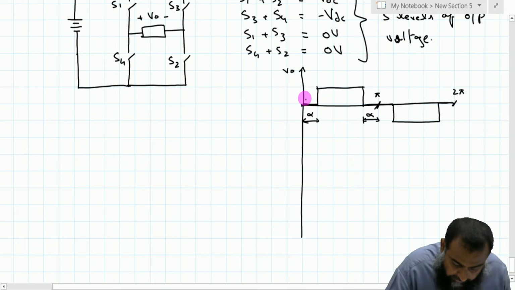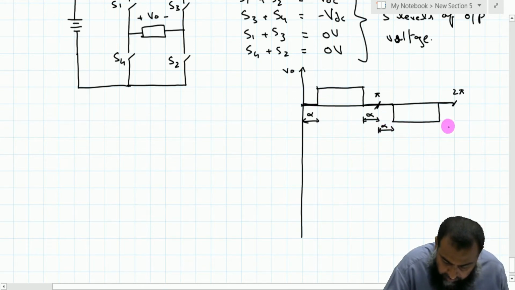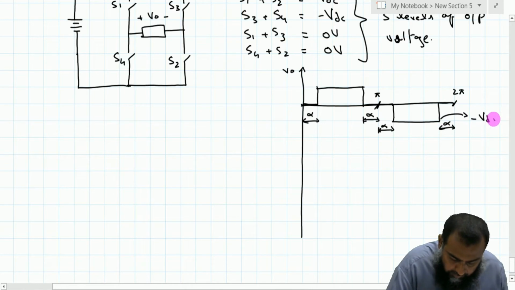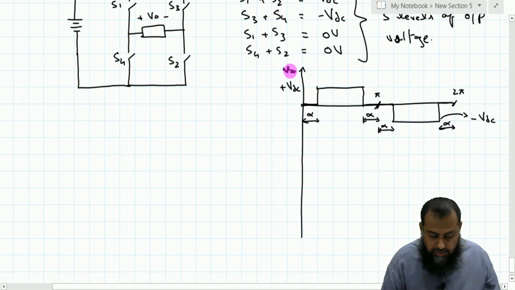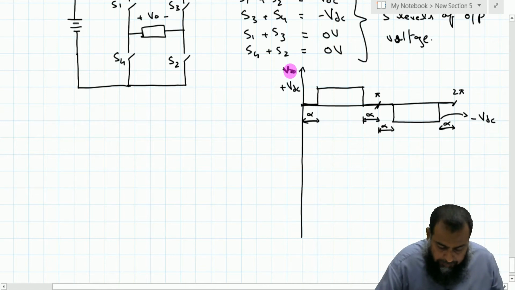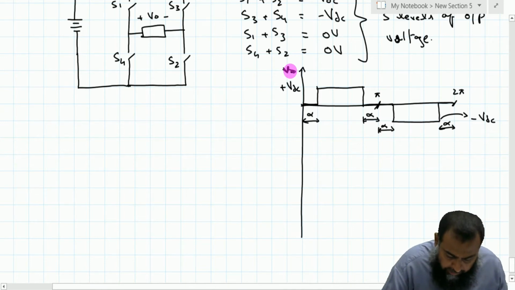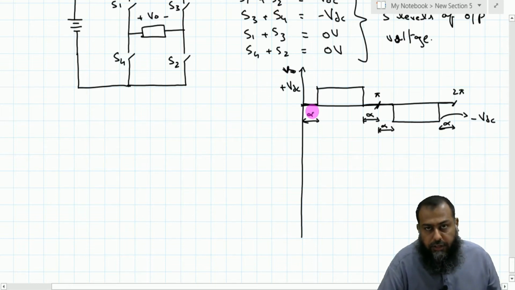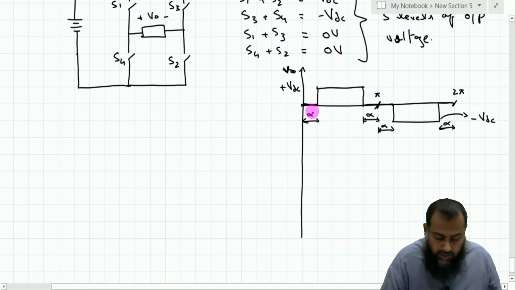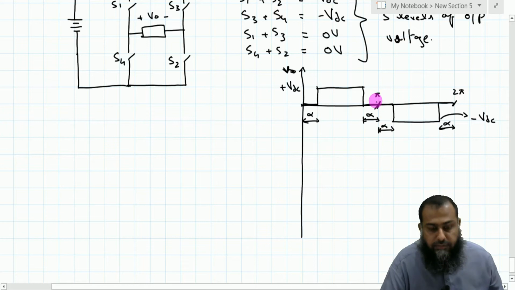So this is alpha, this is alpha, this is also alpha, and here we also have alpha. The rest is minus VDC here and plus VDC here. By introducing these zero periods, the square waveform is altered and is now known as a quasi square waveform.